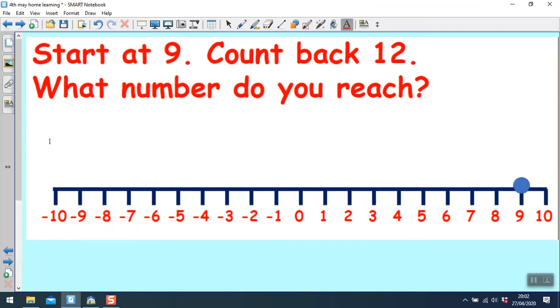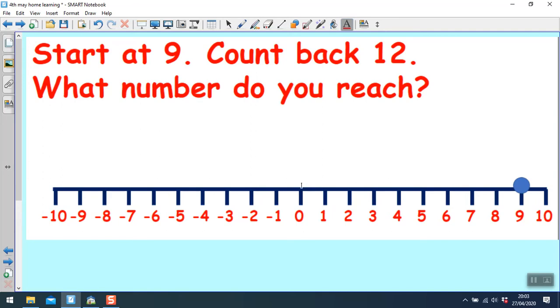Now try this one. Pause the video while you work out what the answer is and what the calculation will be. Start at 9, count back 12. I'm going to do it a little bit quicker this time. If I count back 9, I'm going to get to 0.